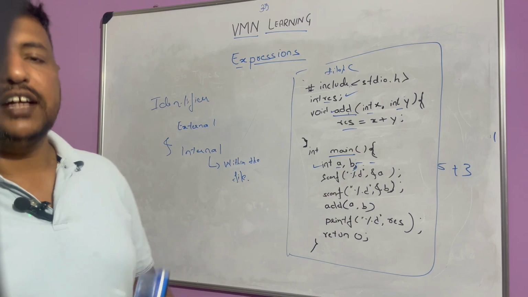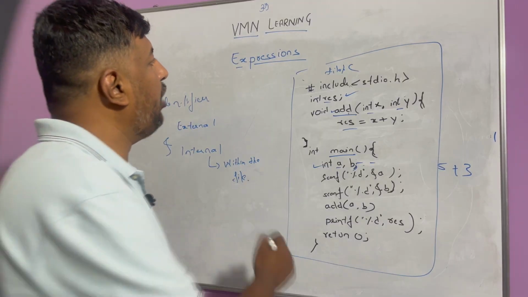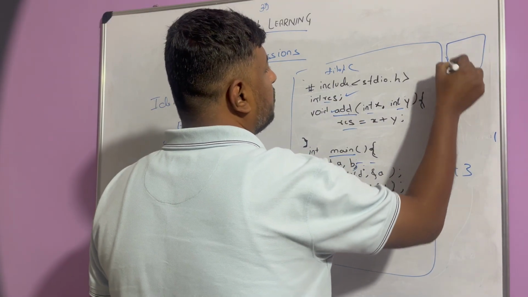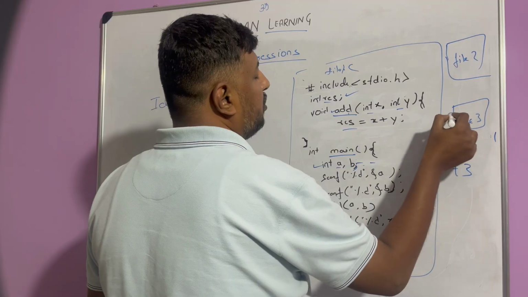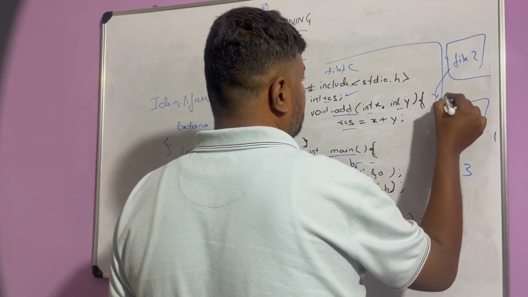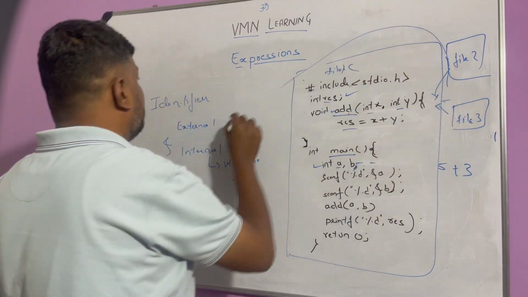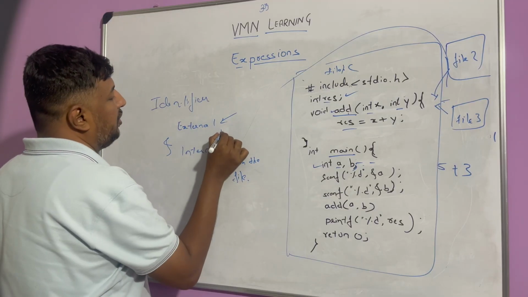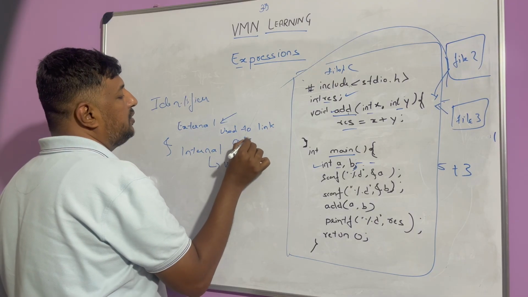Now, as a program gets complicated, managing it in a single file is not a feasible solution, so we have multiple files, file 2, file 3, and they will be linked. They will be linked using variables. Those declared variables are called external, used to link outside files.